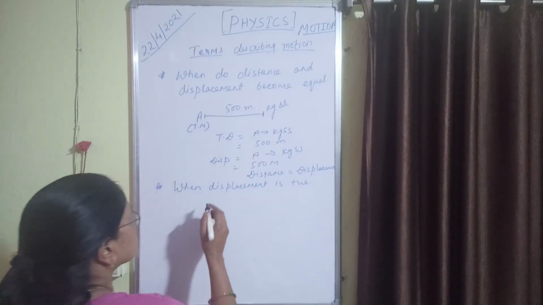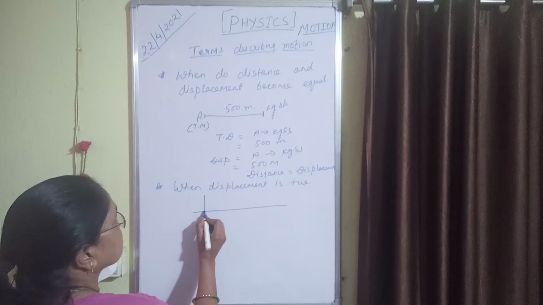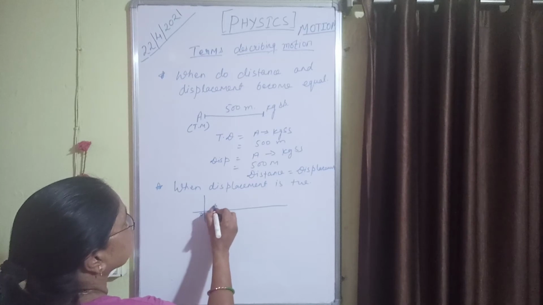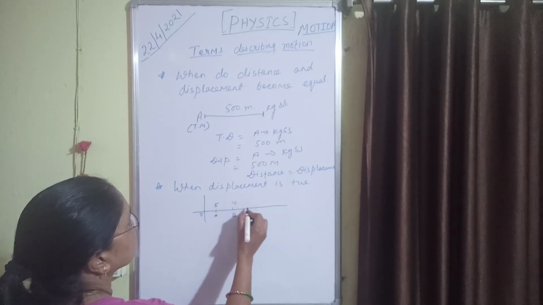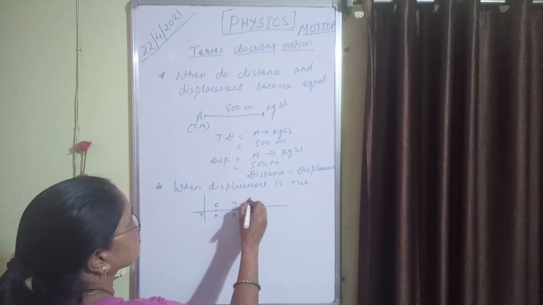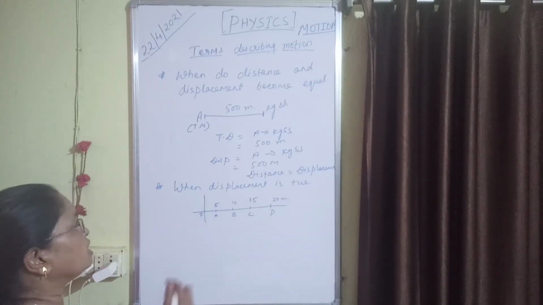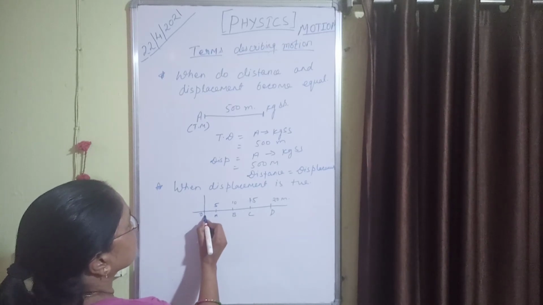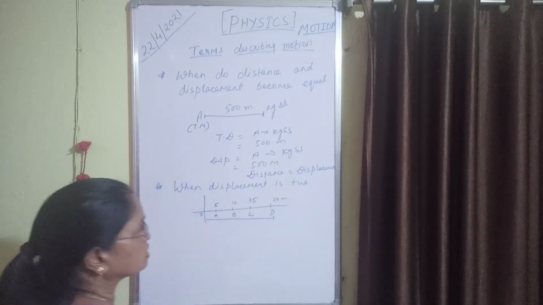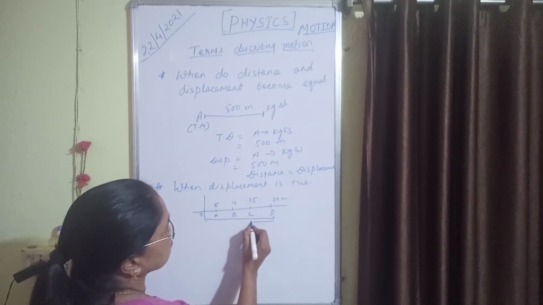Another example I am giving you: suppose this is a straight line, and this is the original position O. A, suppose it is 5, B 10 meter, C 15 meter, D 20 meter. The body starts from O and reaches up to D, and again comes back and finally stops at C.